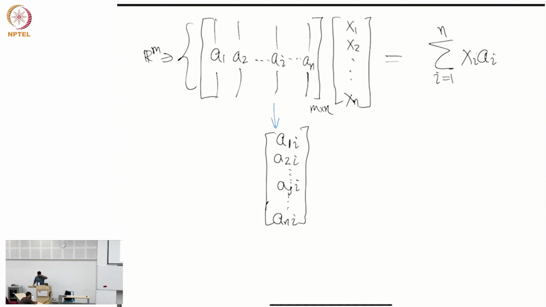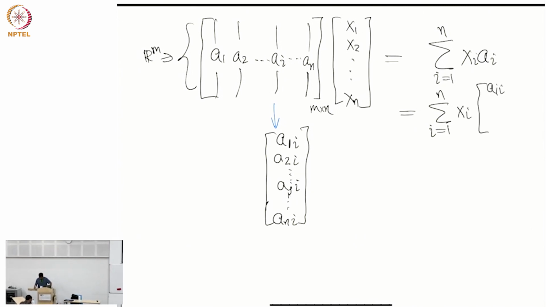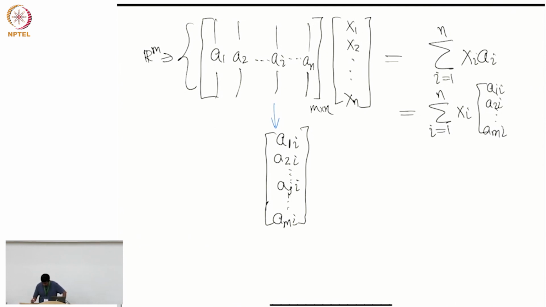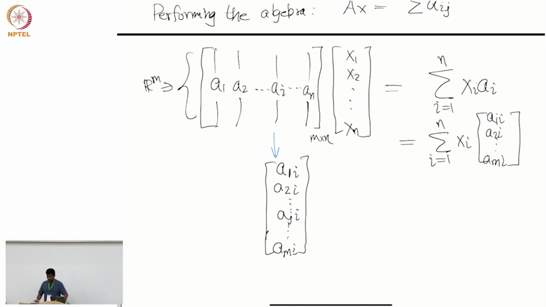So if I write this down, this is going to be the summation for i from 1 to n of xi times the column a1i, a2i, up to ami. Okay, and then you get the idea.